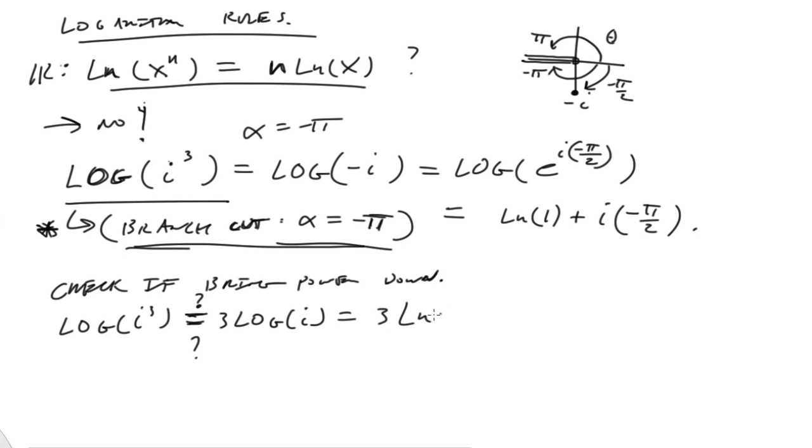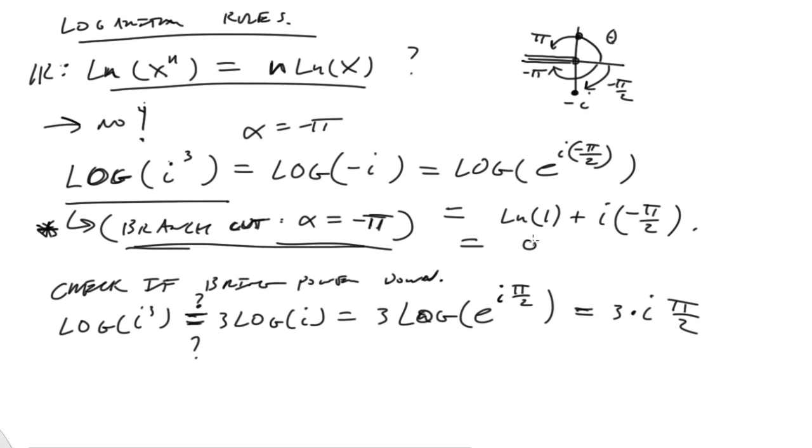3 log of I, and that's going to be e to the I pi over 2, positive now. That's right here, so that's within our domain. And so we can now go 3 times I times pi over 2.